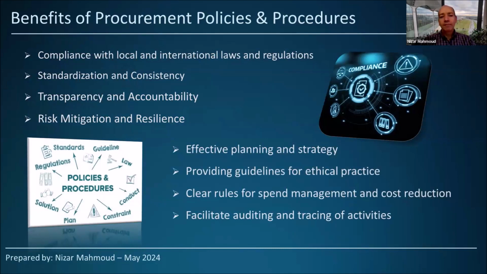It also helps with effective planning and strategy, providing guidelines for ethical practice. And it shows clear rules for spend management and cost reduction. Of course, every company has targets for cost saving. So the procedure should show how it's done, how we do the spend management, and how we calculate the savings.